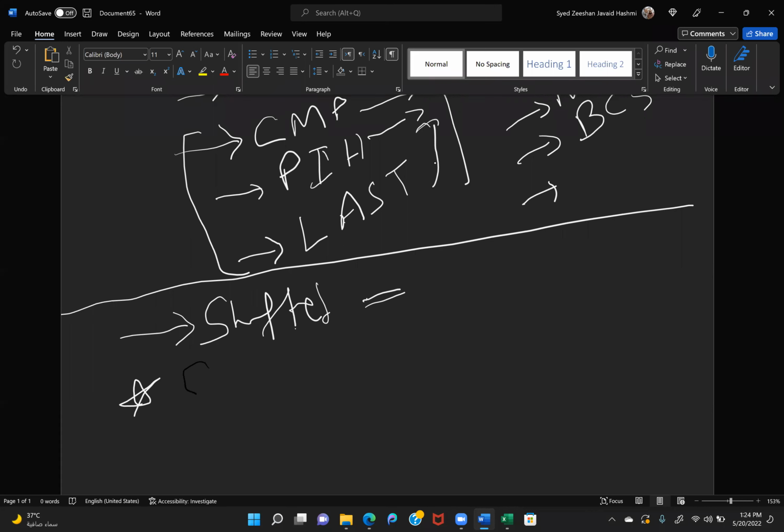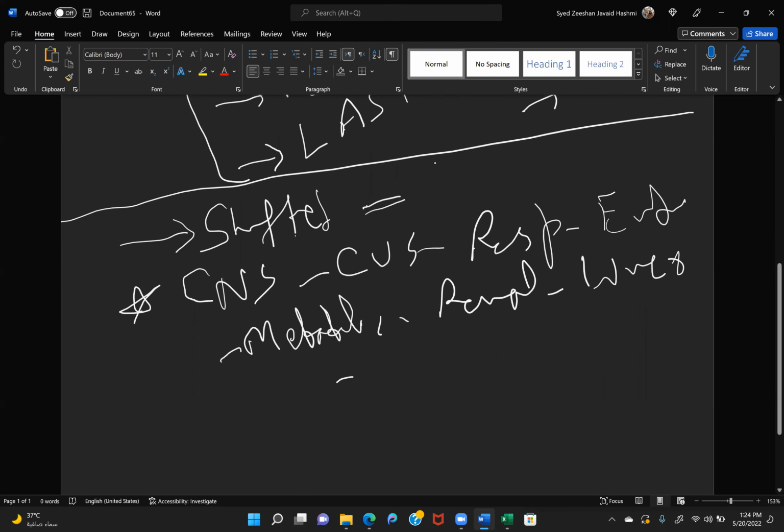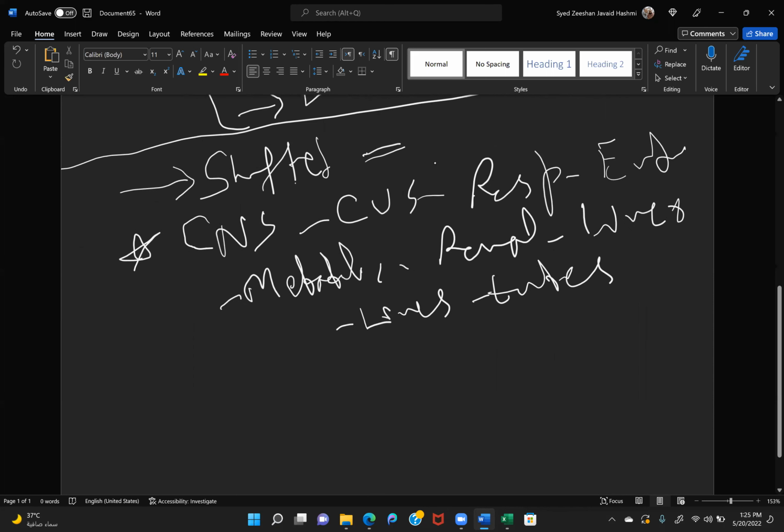If you just start from CNS, then CVS, then respiration, then endocrine, then metabolic, renal, liver, and the general care like lines and tubes, then bed sores.